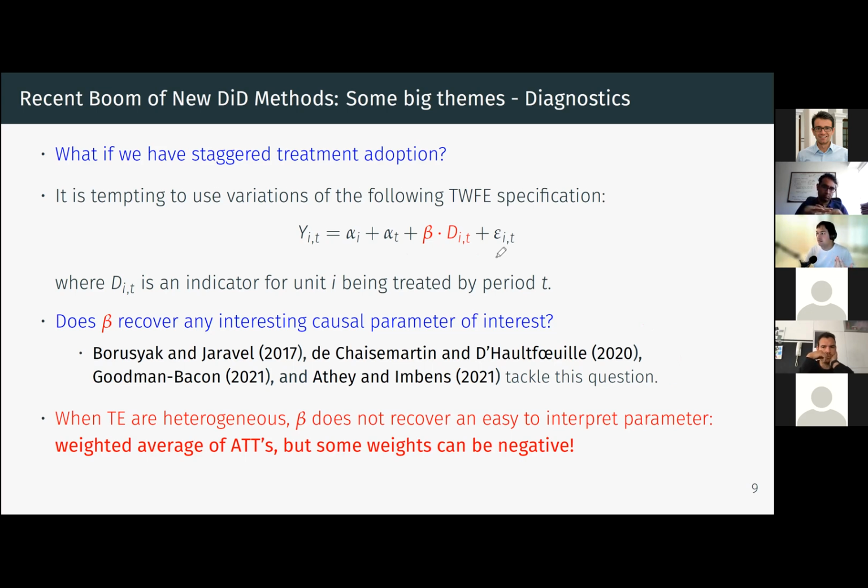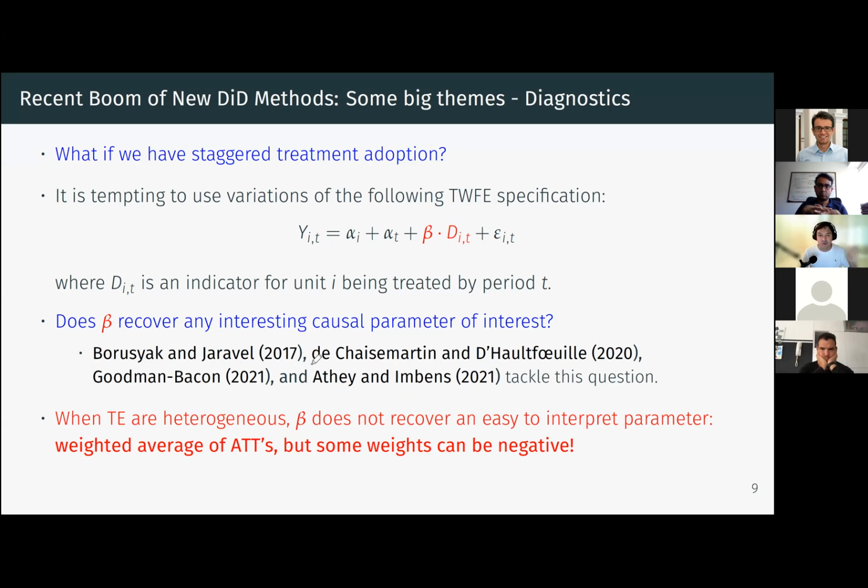Make sense? They're going to have different assumptions. For example, Athey and Imbens have the most restricted set of assumptions because they assume the treatment selection is completely random. They don't have parallel trends. They have essentially a randomized control trial, which is much stronger, right? But they still have the composition results. Borusyak and Jaravel, the original version was very parametric.